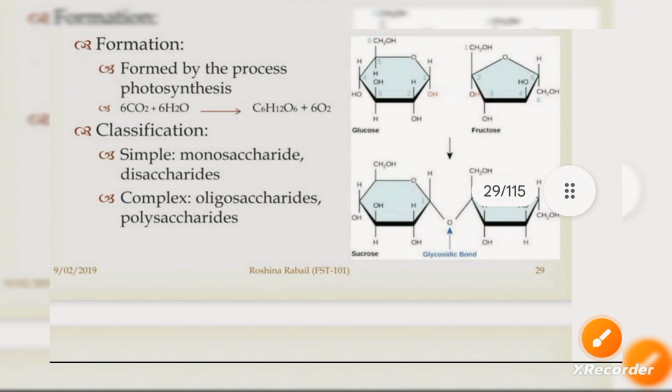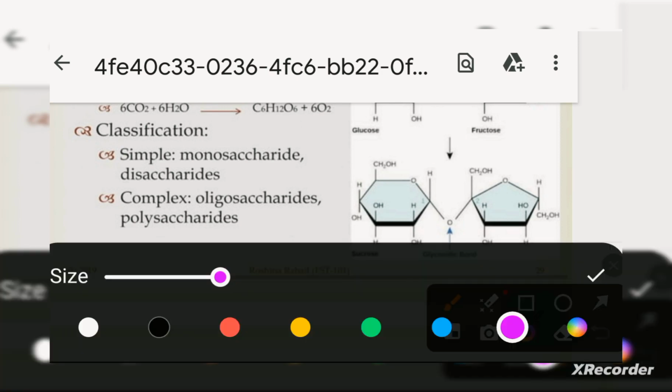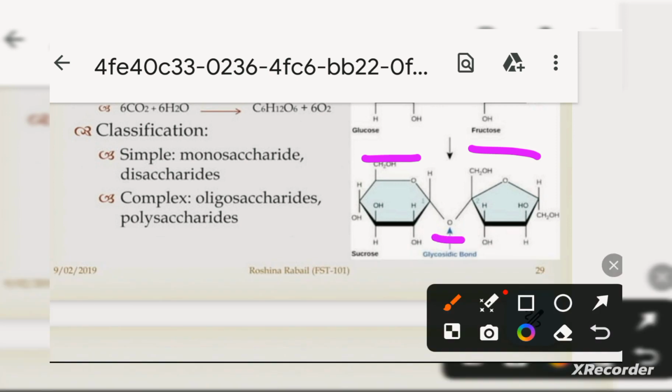Let's see the slide, below the picture. Glucose and fructose are combined and bonded with a glycosidic bond in the form of sucrose.